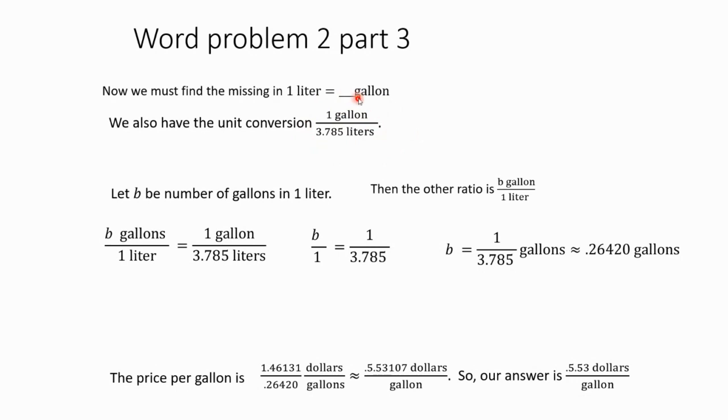And we want to know how many gallons are in 1 liter. If I let B be how many gallons there are in a liter, then I get this ratio. This is the ratio with the known information. This is with the unknown. And just like before, we set them equal to each other. And then just like before, what do we do?